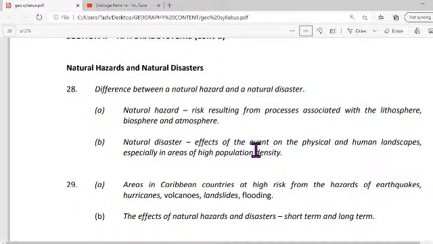So the presence of people is very, very important when you're talking about the effects of natural disasters.